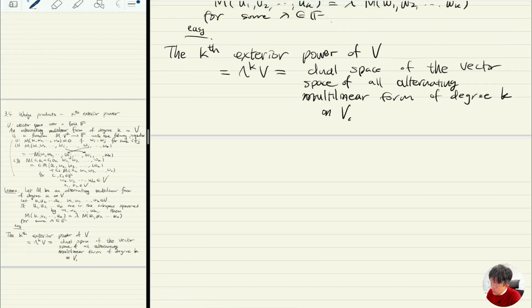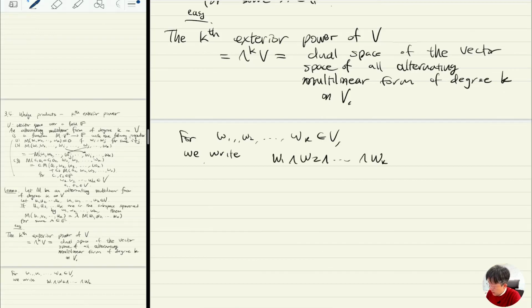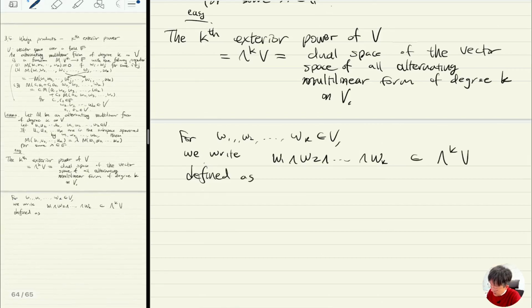All right, now we need some convenient notation. The wedge product is a notation to represent the vectors in this k-th exterior power. So for k vectors, we write w1 wedge w2 wedge ... wedge wk, which is in this k-th exterior power, defined as follows.